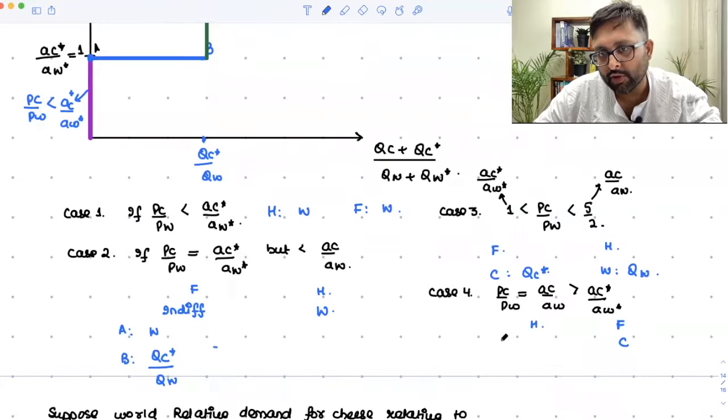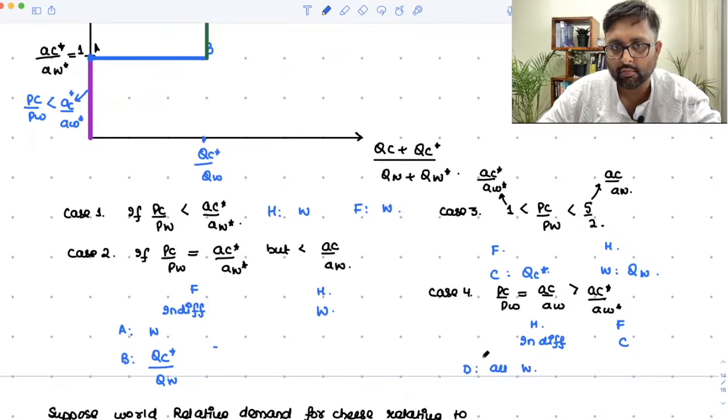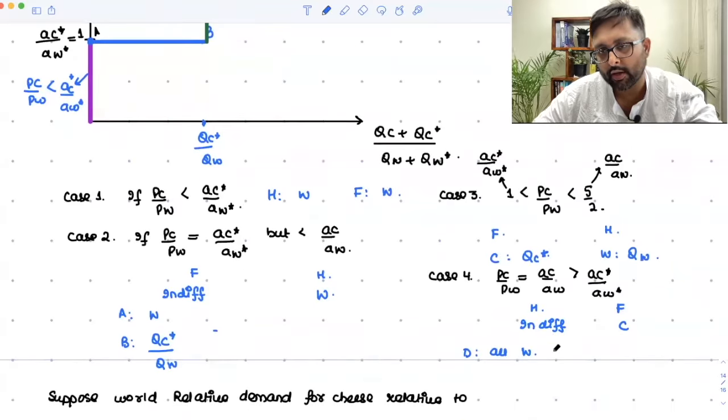So you have the home country, it is indifferent between producing all cheese and this. So at point B, home country is producing all wine, let's say. So foreign country is still producing all cheese. So it is like this.